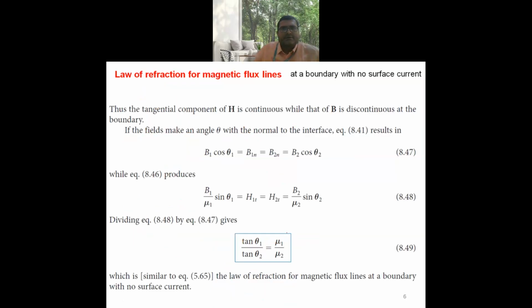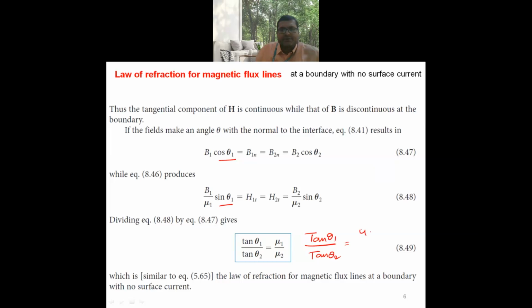Law of refraction of magnetic fields. You can apply the cos theta and sin theta in the previous figures. You will get tan theta 1 by tan theta 2 is equal to mu 1 by mu 2. Mu 1 is equal to mu naught mu r1 and mu 2 is equal to mu naught mu r2.